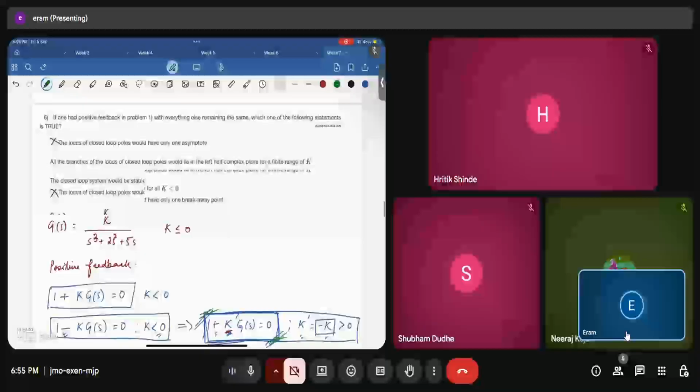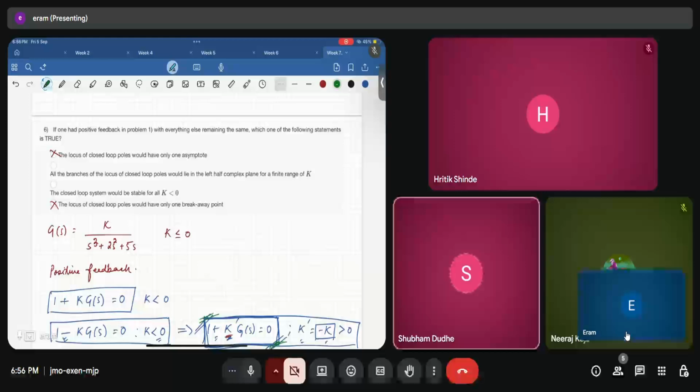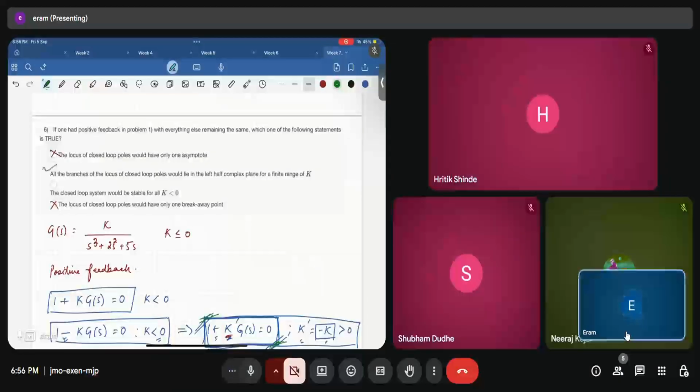Now let's see the option. The second option is: all the branches of the locus of closed loop poles would lie in the left half of the complex plane for a finite range of k. What can we say? Is this a correct option or not? Yes, correct. So this one is the correct option.